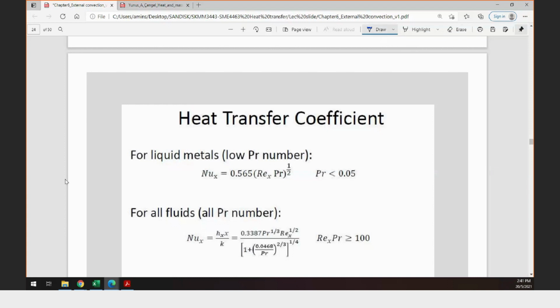What is an example of the liquid metals? The common one that you use is Hg. What is Hg? Mercury. Okay, mercury is a liquid metal. So if you're dealing with liquid metals, then you need to find the h value because you want to calculate how much heat transfers through the mercury. Then you need to use this equation.